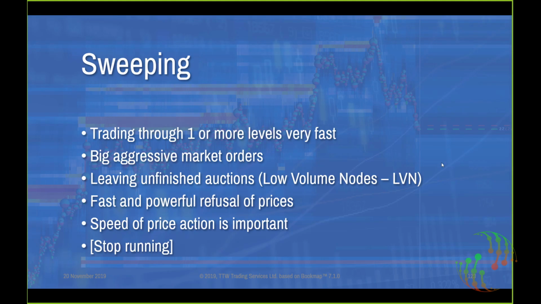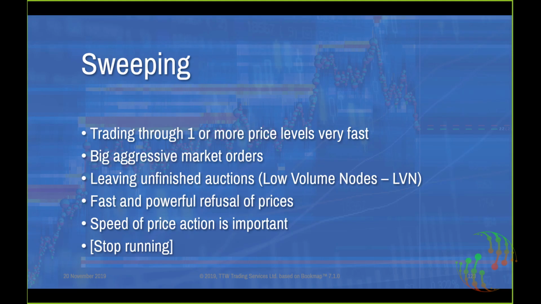Good. Sweeping. Sweeping is trading through one or more price levels very fast. Big aggressive market orders come in for some reason. I'm still thinking about the reasons for these market orders. It's really hard to answer why they are coming in, but they are there. These aggressive market orders mostly are leaving unfinished auctions.